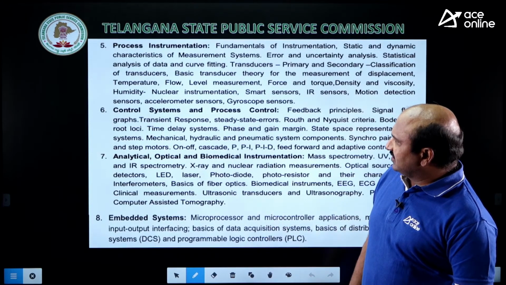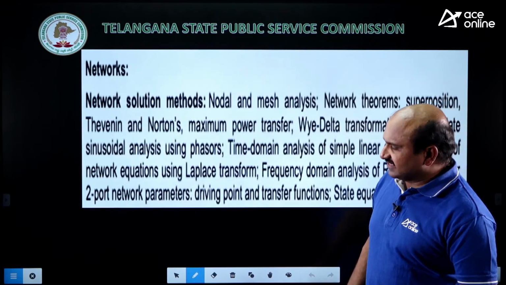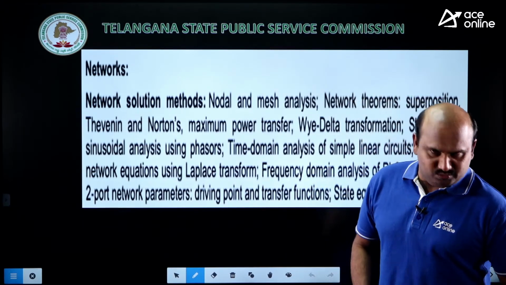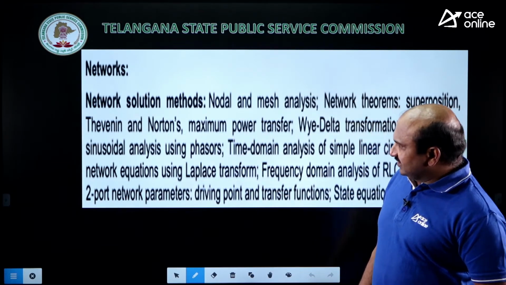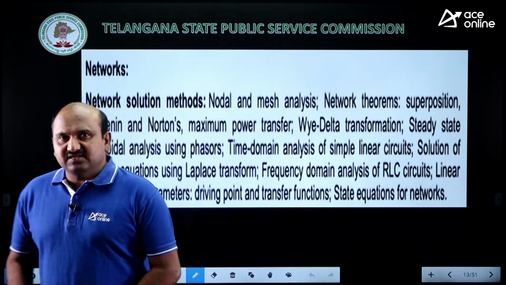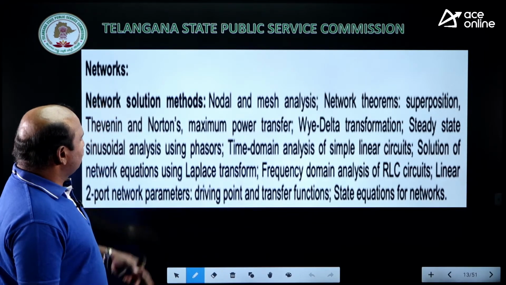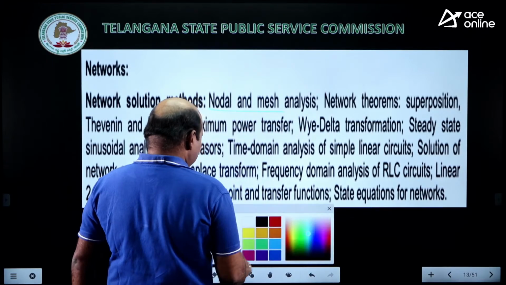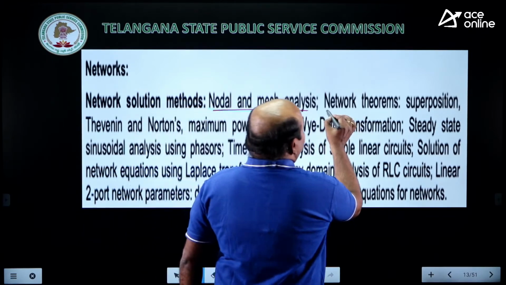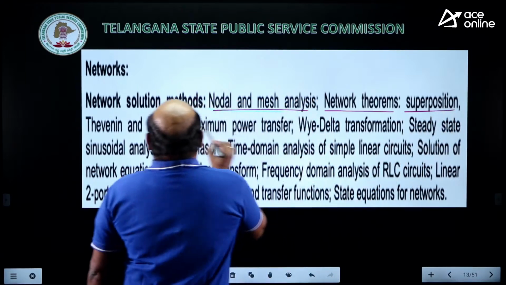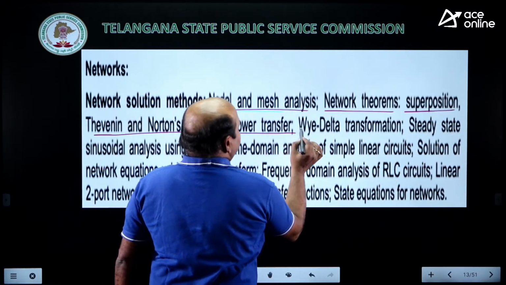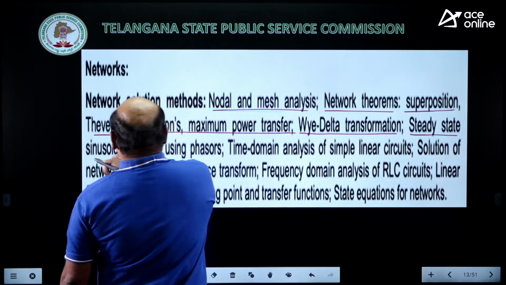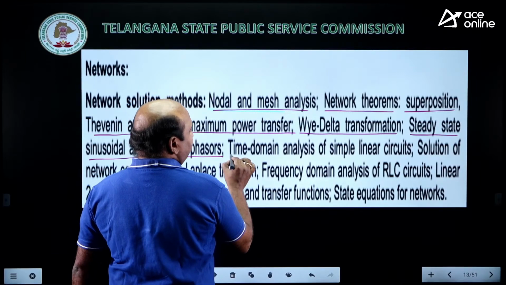And this is the syllabus under instrumentation engineering, right? This is the major part which I am going to discuss, which I am going to interact with you. While taking networks, see the syllabus under network solution methods: nodal analysis and mesh analysis, network theorems (under network theorems, already we have discussed), star delta transformation technique, steady state AC circuit analysis, and time domain analysis.